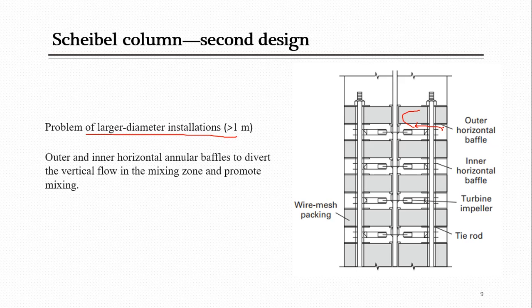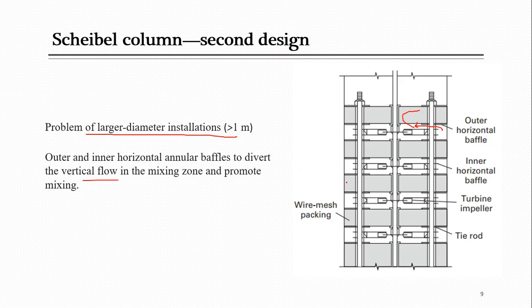This will be the liquid path. If we don't install these horizontal baffles, it will just go straight in this direction, and you will be decreasing the mass transfer, but with the help of these baffles we increase the mass transfer. So outer and inner horizontal baffles are used to divert the vertical flow.